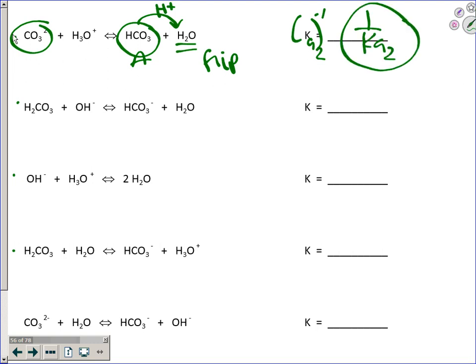Next one, shout it out. Ka whatever. K1 over Kw, or Kw. So your water, again, is on the product side. We're flipping it. This is acting as an acceptor.